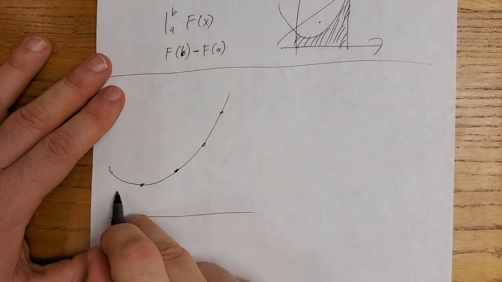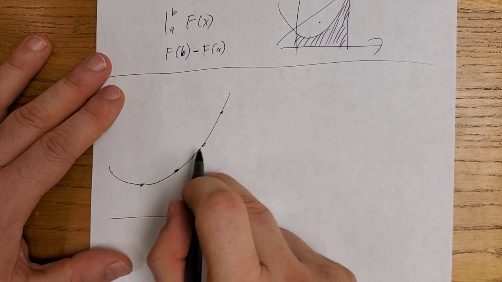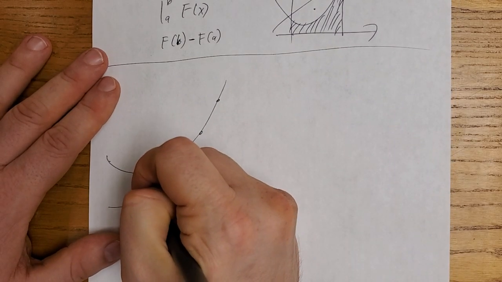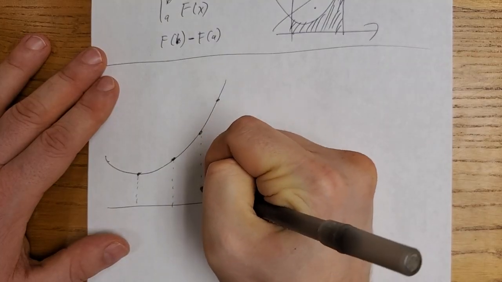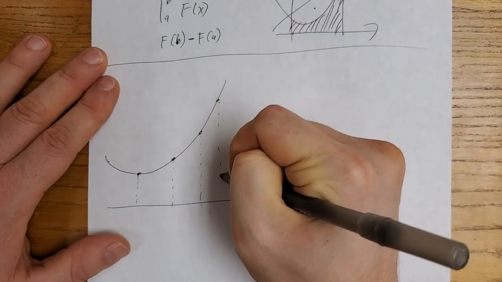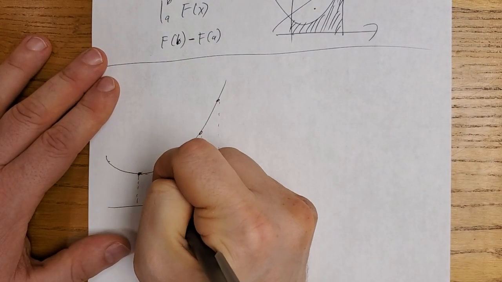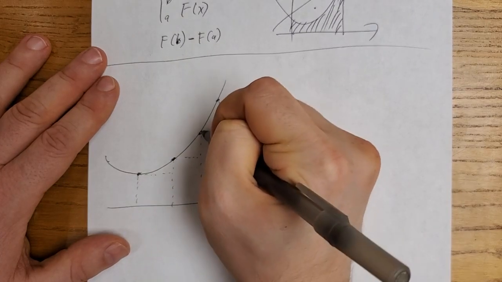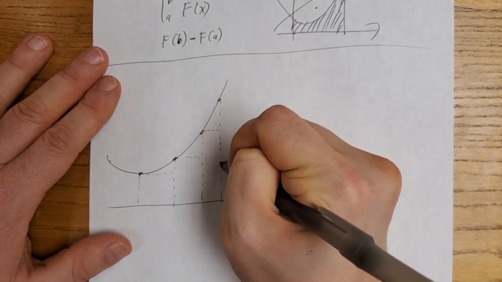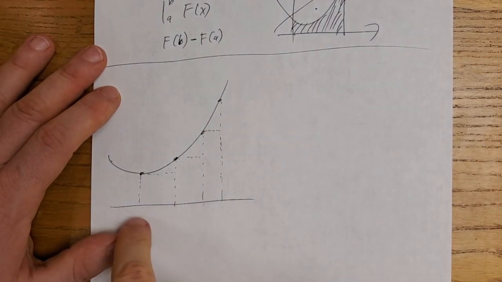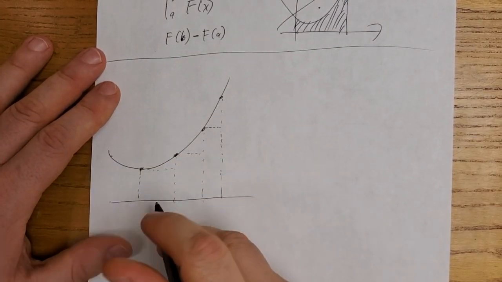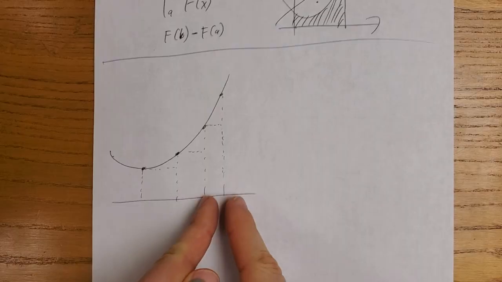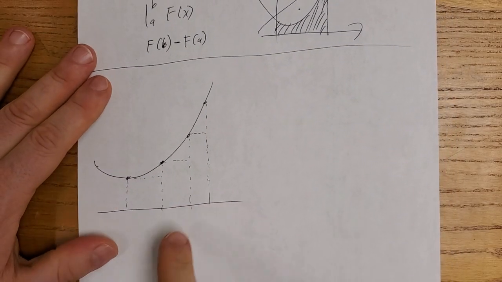If you have some function and we know some values along that function, we can consider the height of each of those. Pardon the drawing, but these would be equally spaced, so that width and that width and that width, they're all equal.